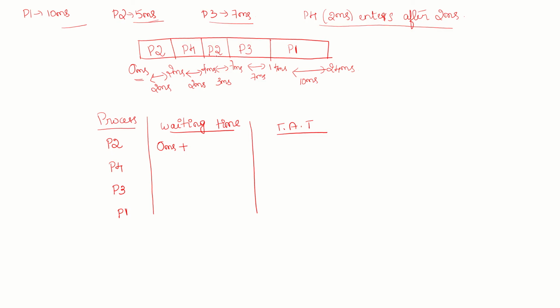We can say that P2 waited for 2 milliseconds until P4 completes. So the waiting time here is 0 plus 2, 2 milliseconds. Now what is the turnaround time? It waited for 2 milliseconds, and the execution time is 5 milliseconds. So here it is 7 milliseconds.